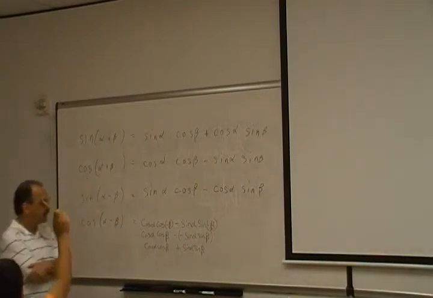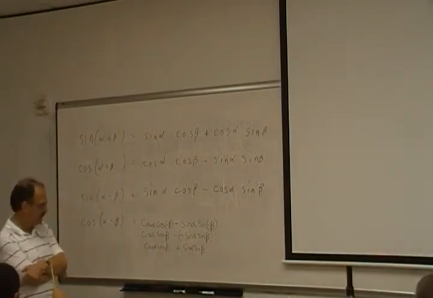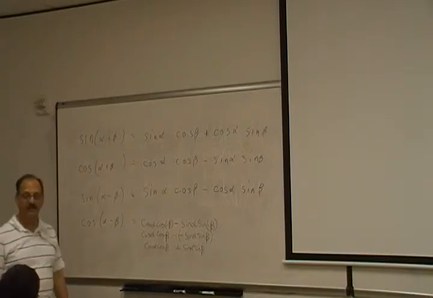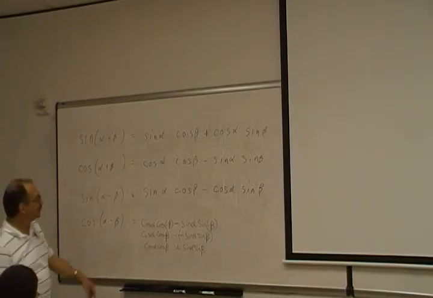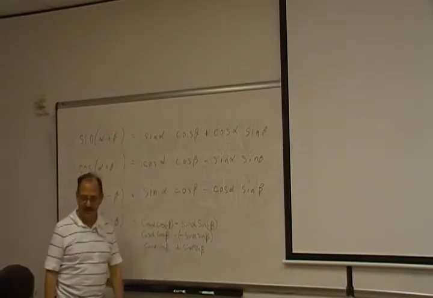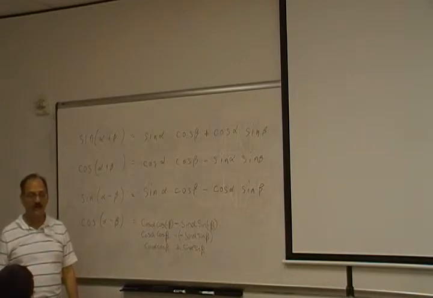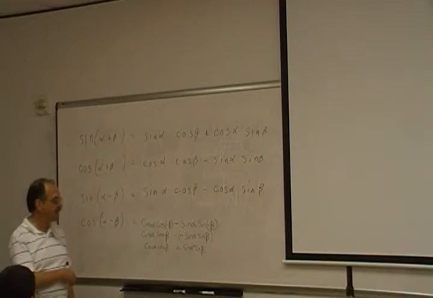So, yes? Cosine of beta is positive, same way it was here. Right? Cosine is an even function, and the minus sign goes away. Sine is an odd function, you have to pull it outside.